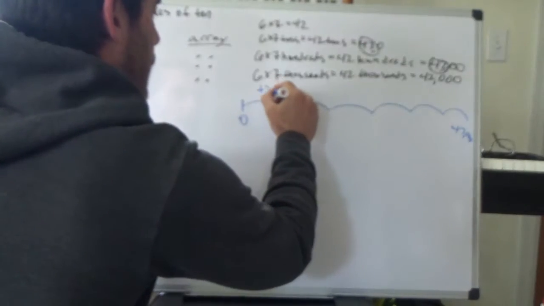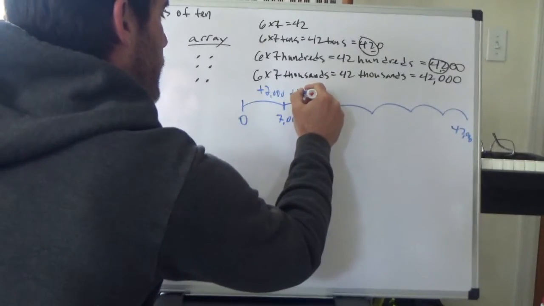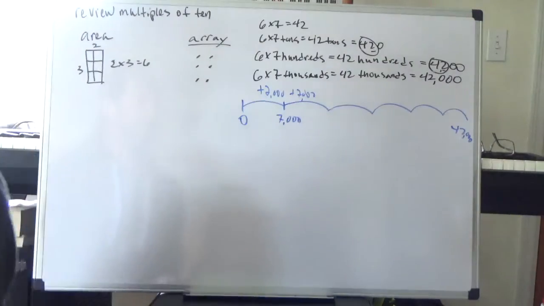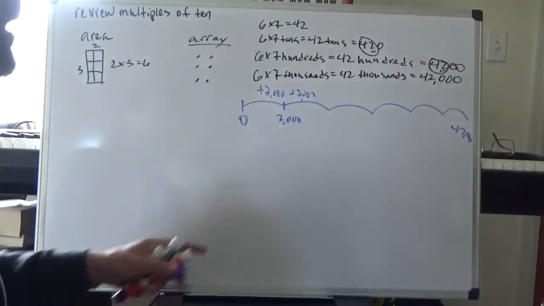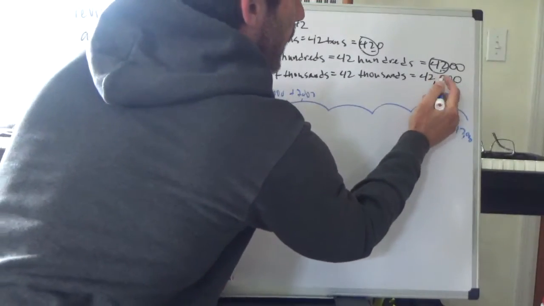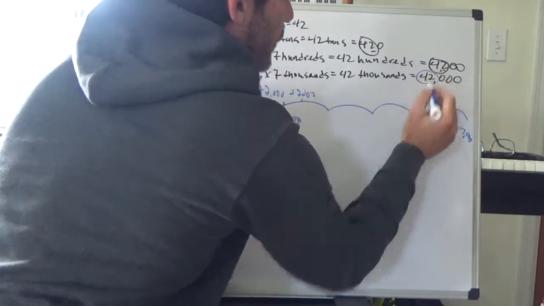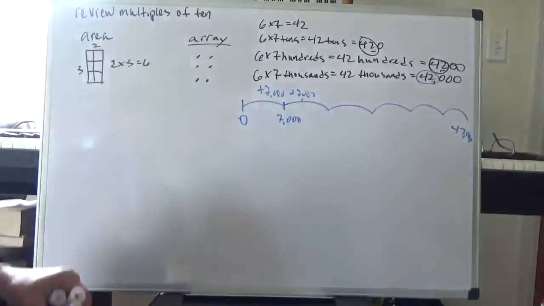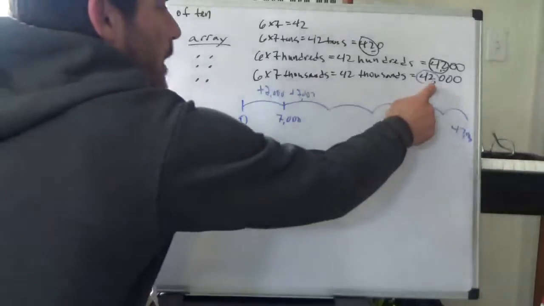Each of these would be plus 7,000, plus 7,000. If we added up 7,000 6 times, we would end up at 42,000, or 42. I would need 42 thousands to build 42,000, and that should make sense because that's what the name says, right?